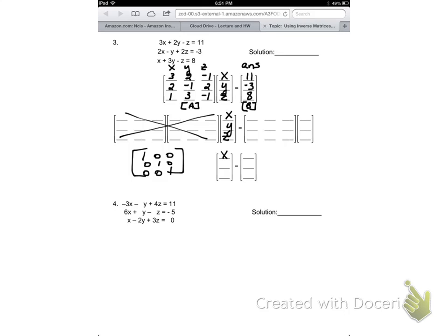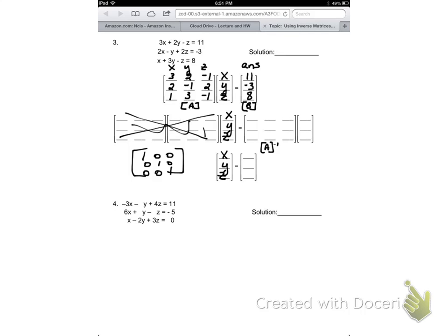And that times your XYZ is going to give you XYZ. So I'm not concerned that you fill all those in. I do want you, though, to show me over here on the right side of the equal sign your inverse matrix right here. That's where I want to see it.